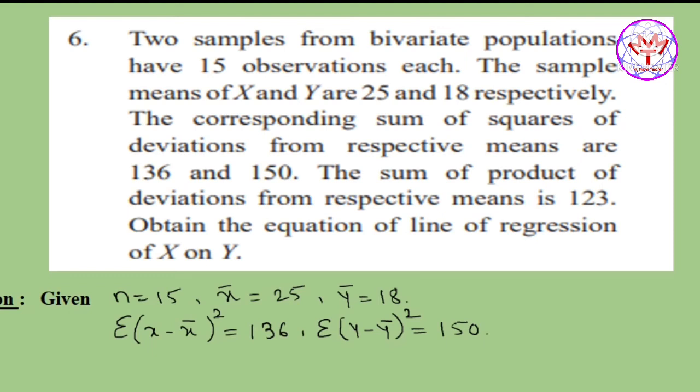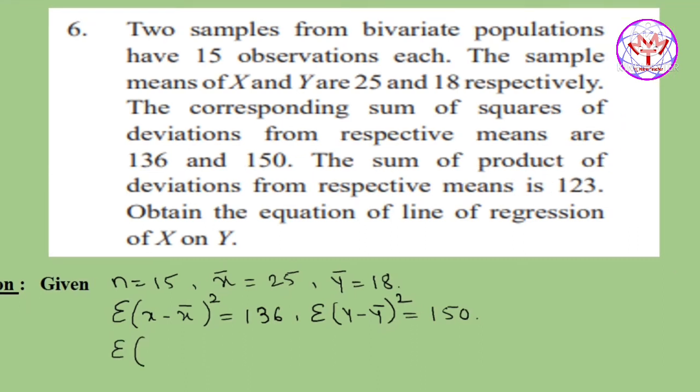Then the sum of product of deviations from the respective means is 123. So again we'll put summation sign, then sum of the products of deviations. That means summation x minus x bar into y minus y bar is equal to 123. Right? Then obtain the equation of line of regression of x on y.